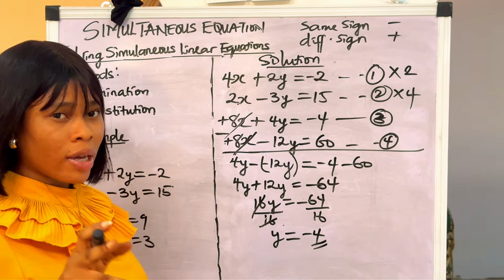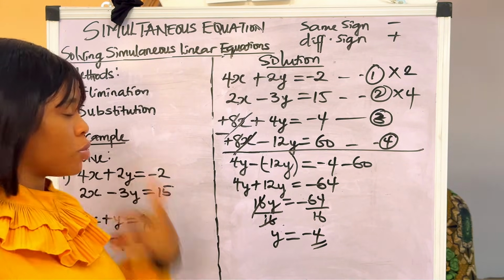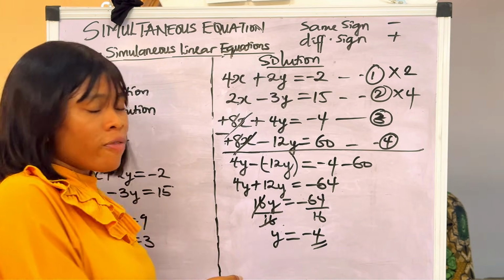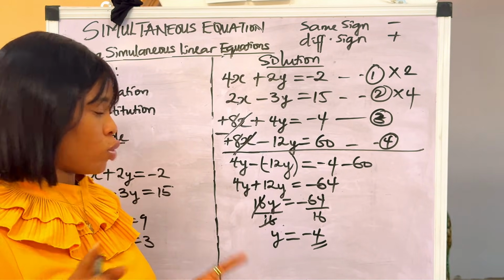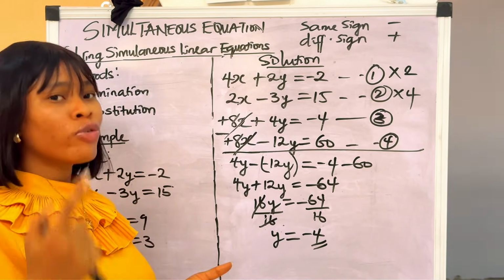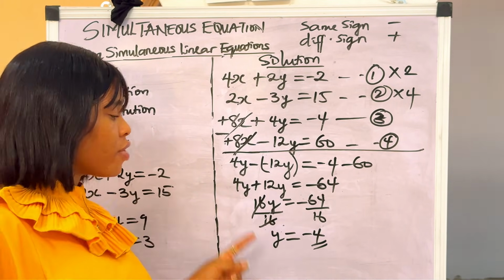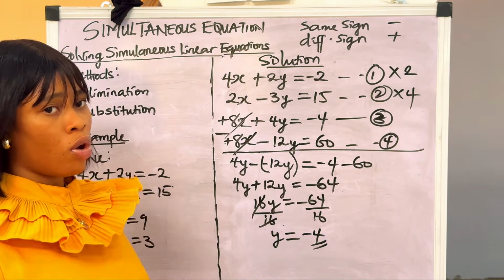Now many mistakes students make these days when solving simultaneous equations. They find one variable and forget to find the other, which is not supposed to be so. After you have gotten one variable, you have to look for the other variable. For every value of y, there's a corresponding value of x.